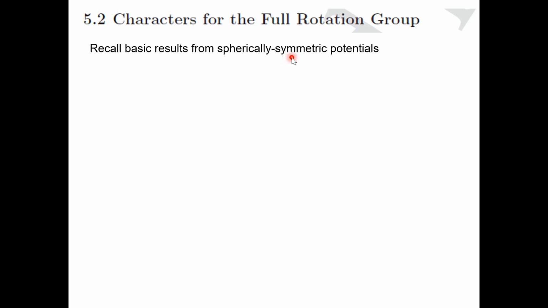This is a type of continuous symmetry that we have not considered yet, and it's not the main focus of this course, but we will need at least to obtain the characters for this so-called full rotation group, which is the symmetry group for a system with full rotation symmetry.